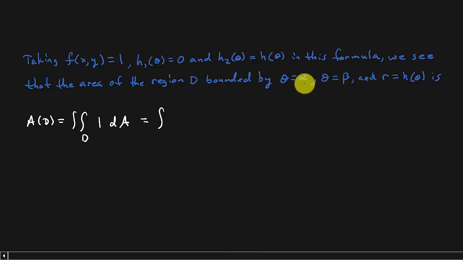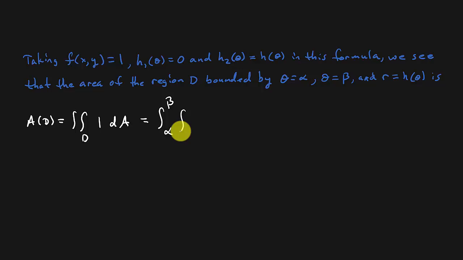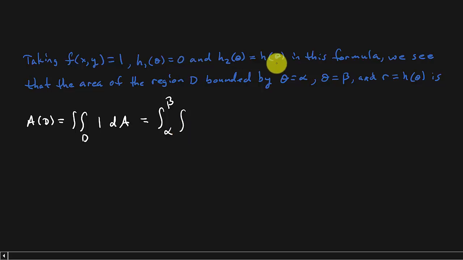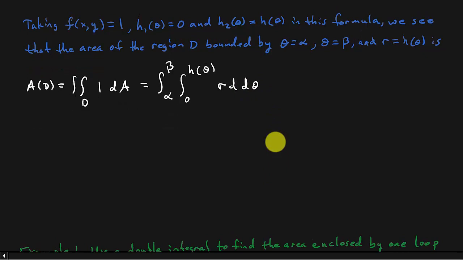So I've got theta going from alpha to beta, and r is going from what to what? It's going from 0 to h(theta), and then that's 1, times the what? r dr d theta.